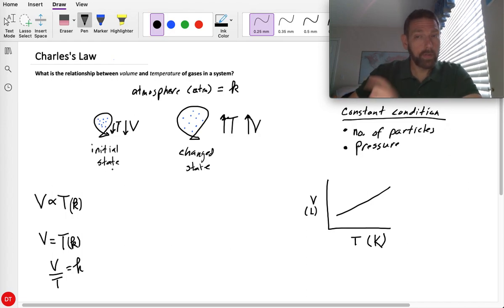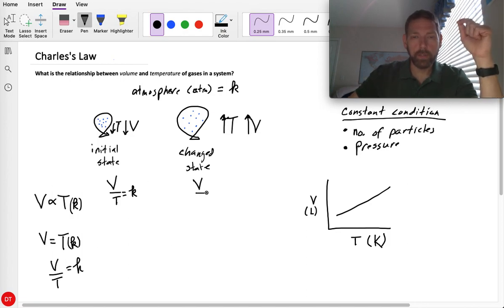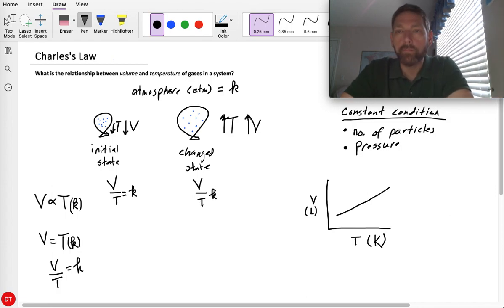So now, let's go back to what your math teachers have taught you. What that means is we have an initial state where volume over temperature is what is occurring based on our constant. And then we have our change state where the exact same has to be true because, again, we're not changing the pressure. Our initial state is the first state. Our change state is our secondary state.